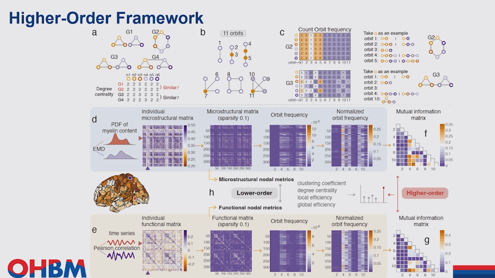That is to say, we can compress any brain network into a mutual information matrix, 11 times 11. So we can calculate the statistical relationship between the two mutual information matrices, and we term this the high-order interaction.